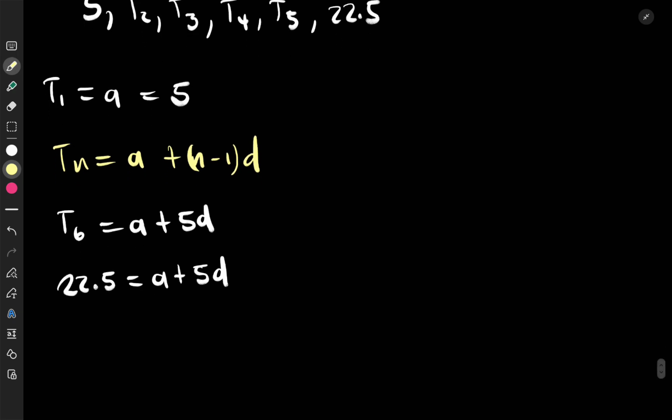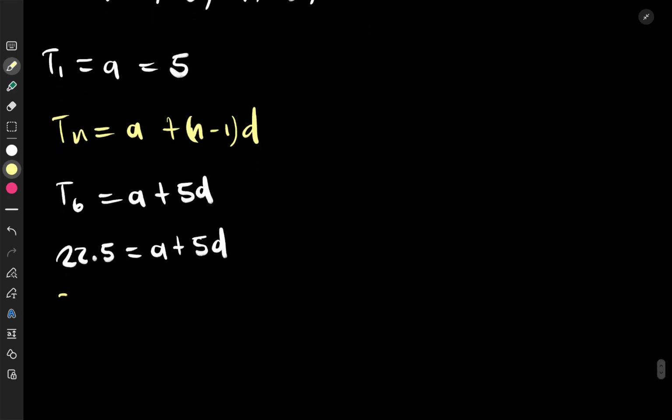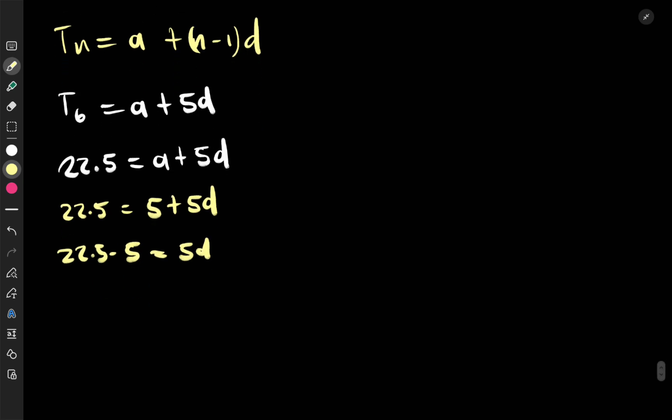And what is my A? My A is 5, so I just need D now. So I can say 22.5 is equal to 5 plus 5D. Then I take this 5 to the other side. I have 22.5 minus 5 is equal to 5D. 22.5 minus 5, I'll get 17.5.